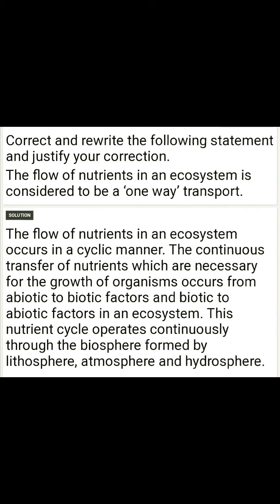This carbon dioxide is absorbed by the plants and in return plants again release oxygen in the environment. So the oxygen starts from the atmosphere and again that nutrient goes and is present in the atmosphere only. In this way the flow is observed cyclically. So the flow of nutrients in an ecosystem occurs in a cyclic manner.